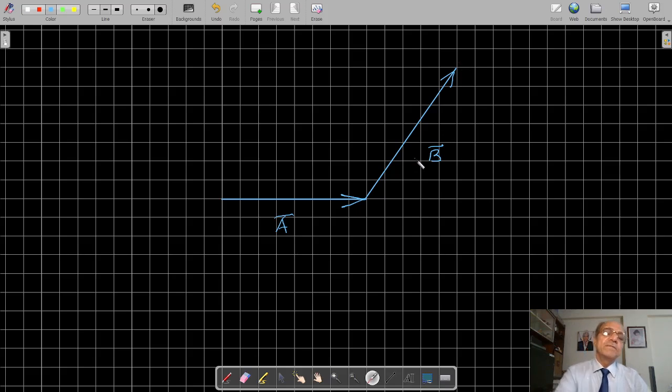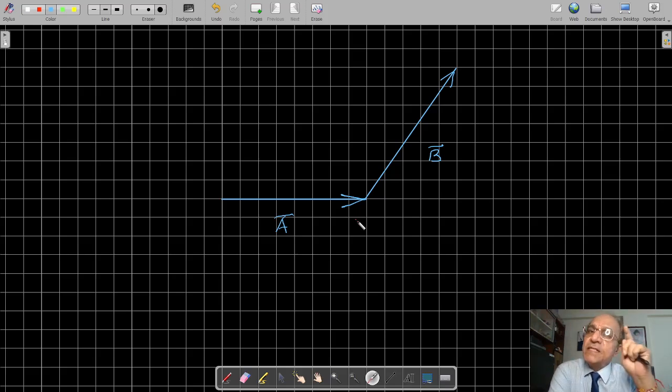What will be the resultant of these two vectors? If we want to combine both of these, and apply just one vector in place of these two vectors, so that the final result would be the same, what would that vector be? That vector is basically the resultant vector.